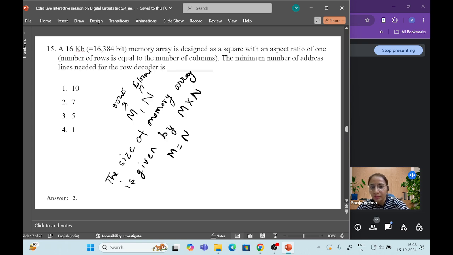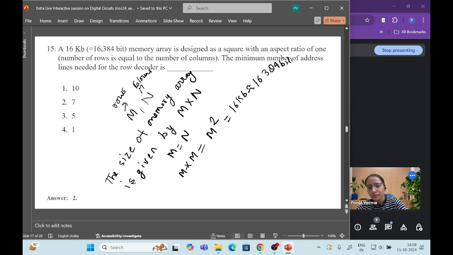So we have the memory array of 16 KB, that means m cross n. Since m is equal to n, that is m into m, written as m square, and it is approximately equal to 16,384 bits.